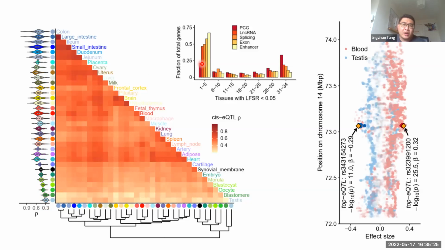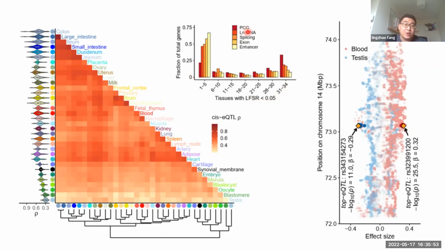Then we did another additional analysis to look at how these 5 different kinds of QTLs were shared across the tissues. The 1 to 5 means the QTL was only detected in 1 to 5 tissues, and the last column means the eQTL is shared across all the tissues tested in this project.